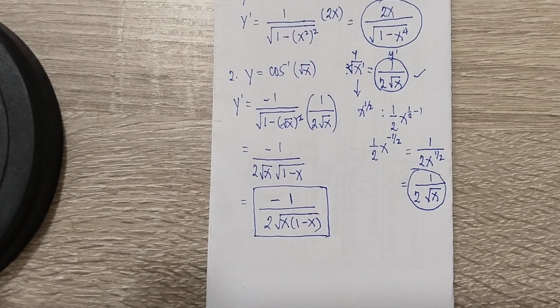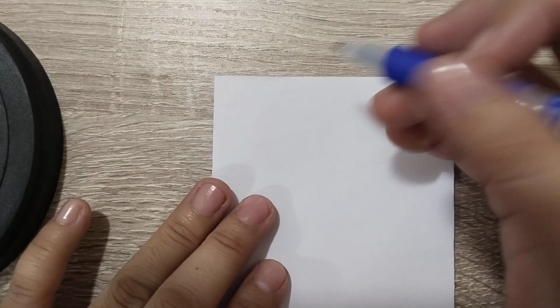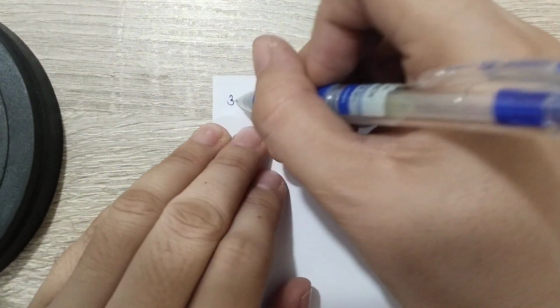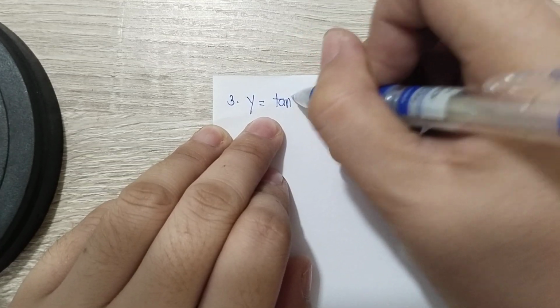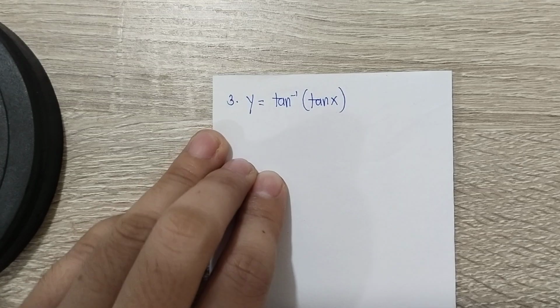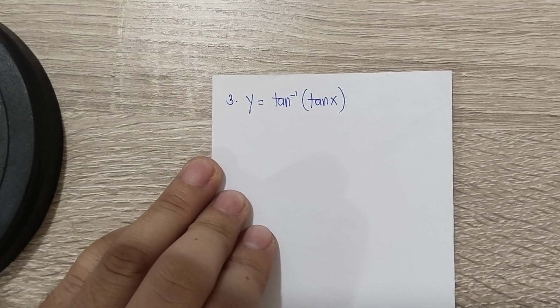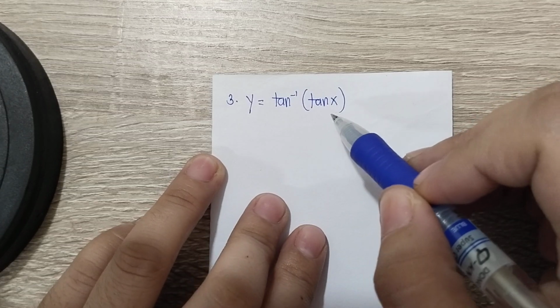Okay? And then, for our number 3, so number 3, we have y equal to the arctangent of tangent of x. So, kung makikita natin, the u here is the tangent of x.